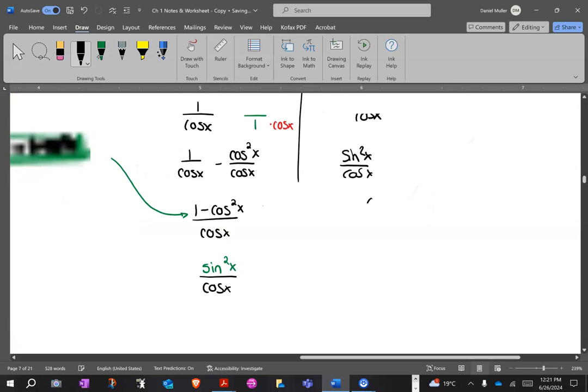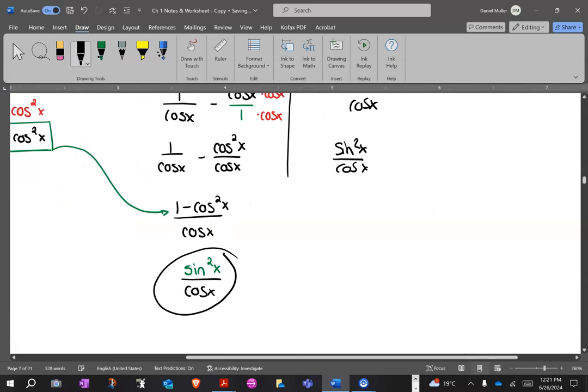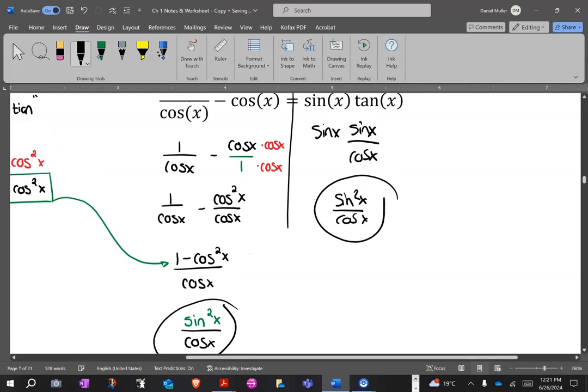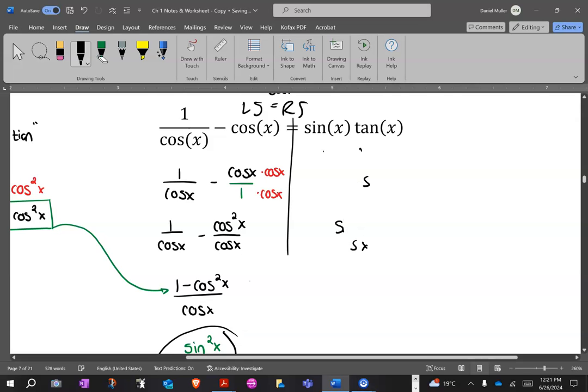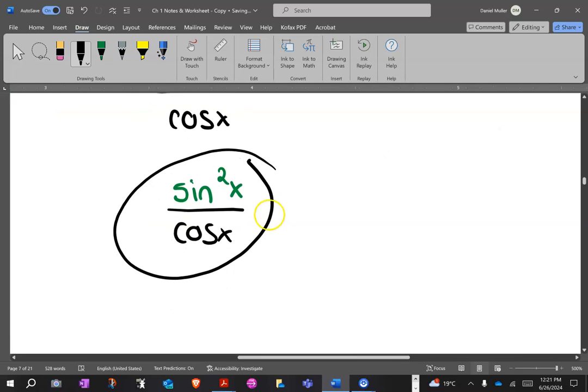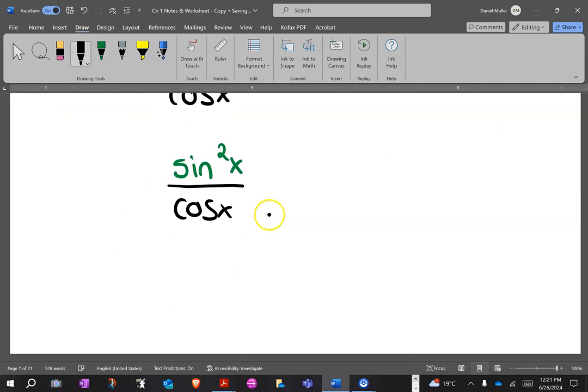Well, I have a sine squared cos here. So what's the previous step is to write it sine twice. So what I kind of need to do here? I use the right side to see how do I get this backwards. So I have a sine squared. It's not obvious that really I should write that as sine times sine.